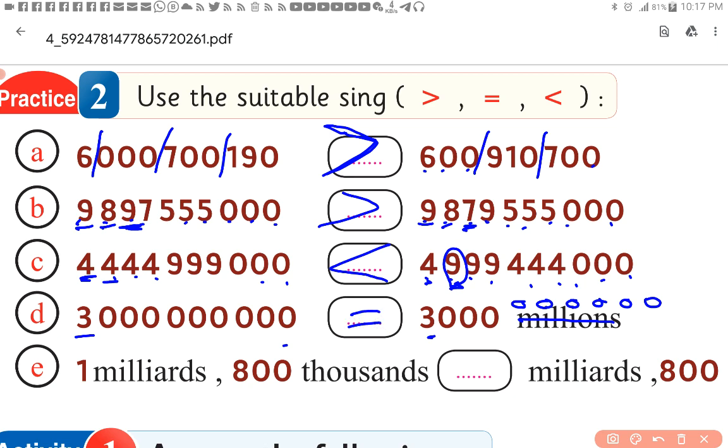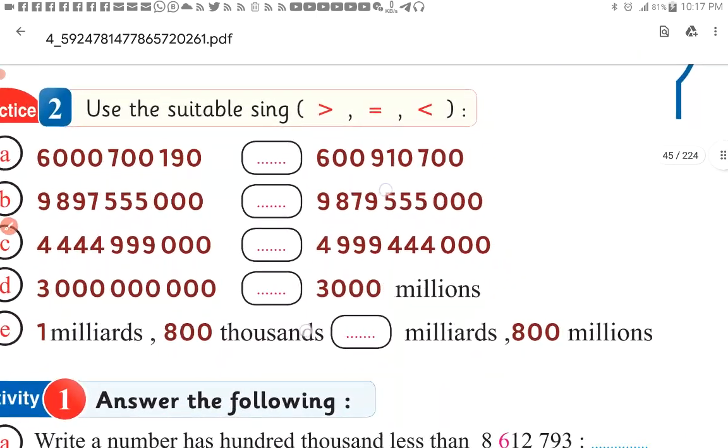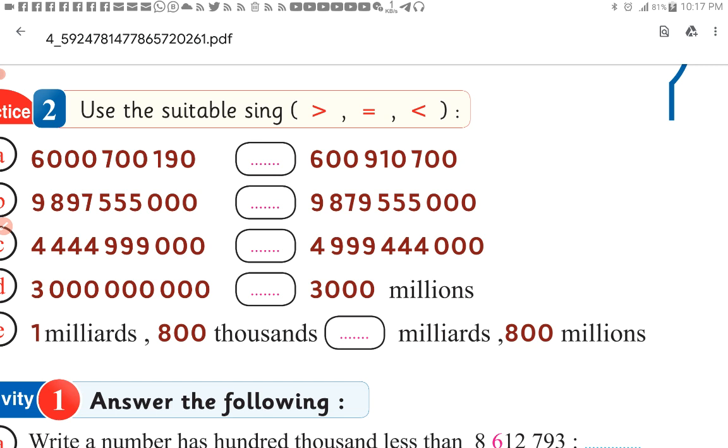The next one, 1,800,000. At first write the number in digits. Standard form. 1 million. There are no digits in the milliard place, milliard period. Then 800,000.